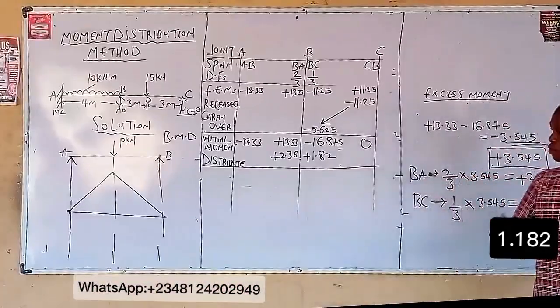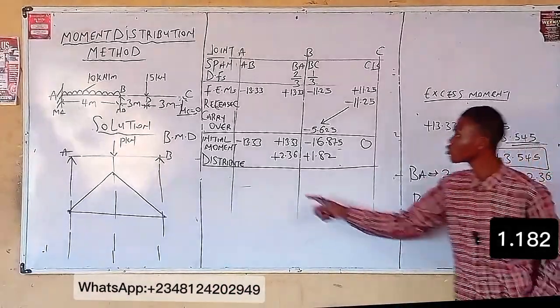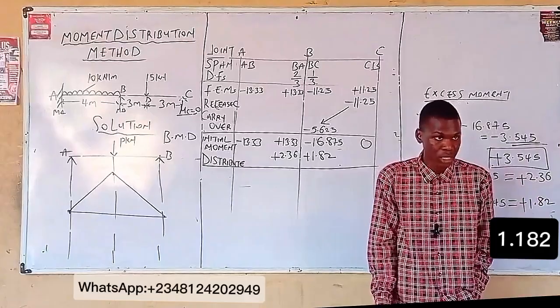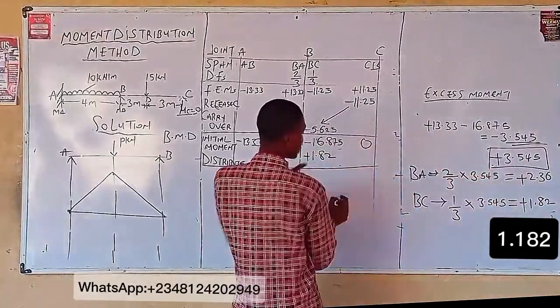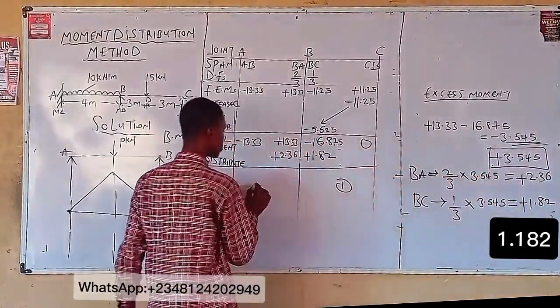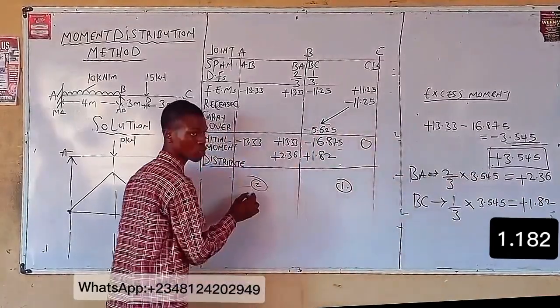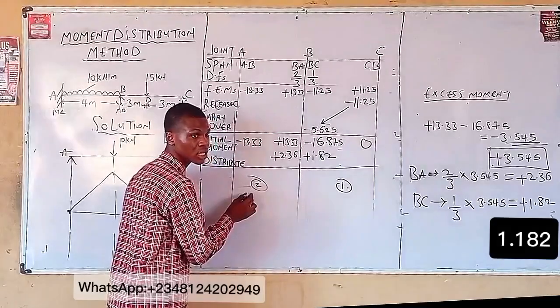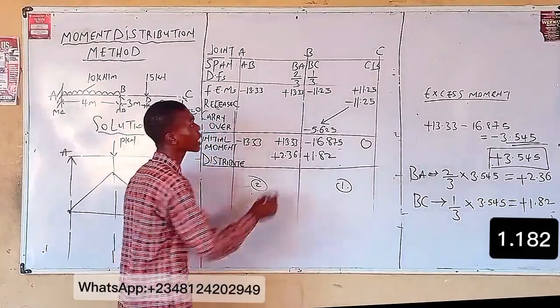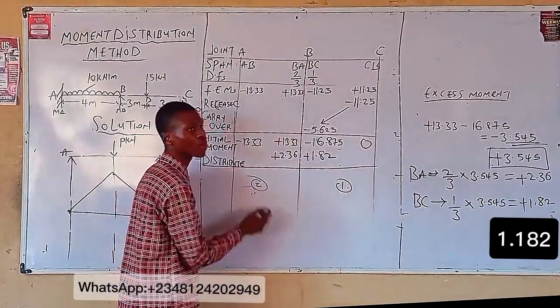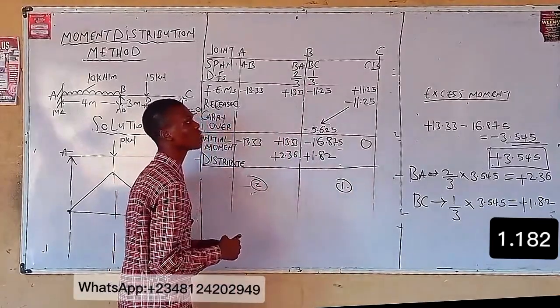To show that you are following me, now I want to carry over. If I'm carrying over, I'm still at that particular span. Let's say this span is 1 and this span is 2. I can carry over at span 1, and I can also carry over at span 2. Now, let's go back to the initial carryover we did.